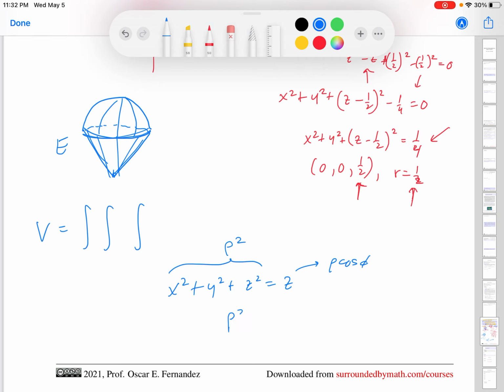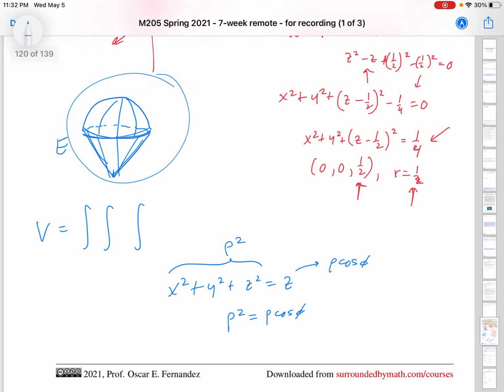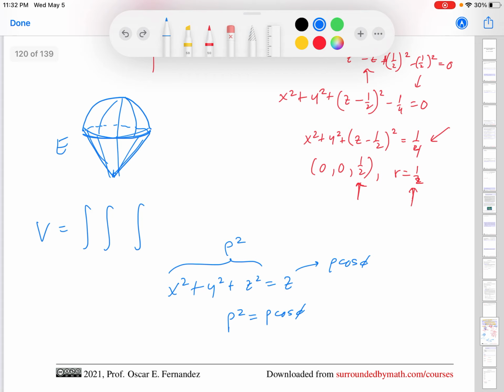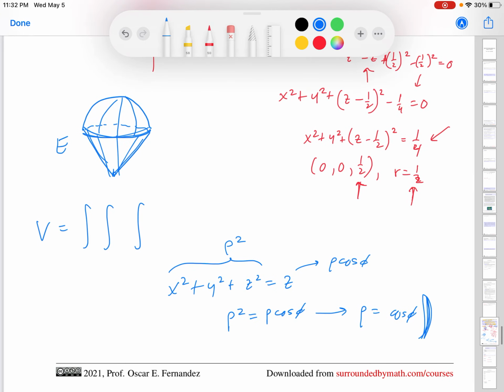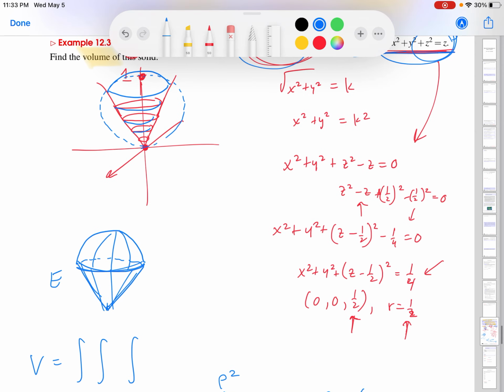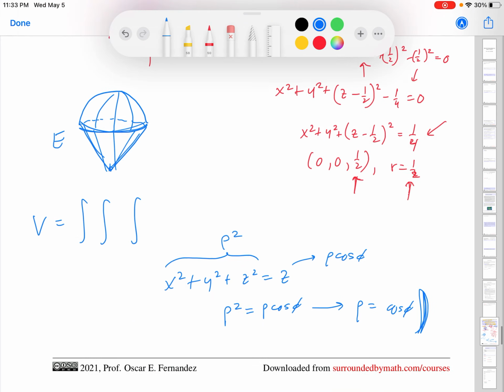So I now have rho squared equals rho cosine of phi. This could mean that rho is 0, but it clearly is not; this is not the graph of rho equals 0. So it means rho equals cosine of phi. And this is just the spherical coordinates version of the boundary of the sphere.